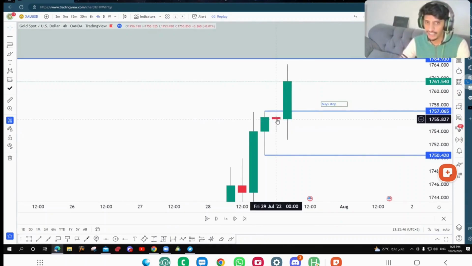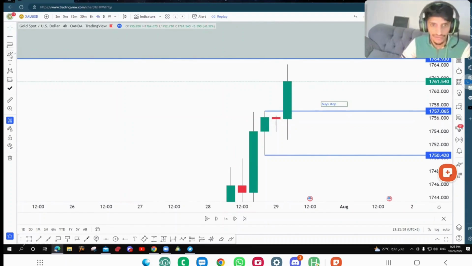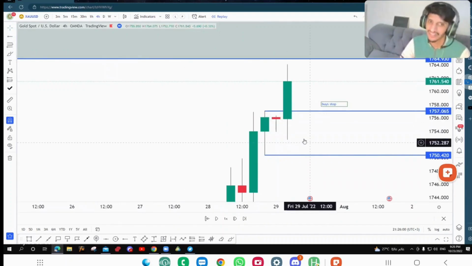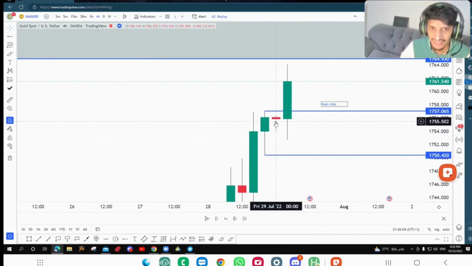Even though it's bearish, it's still very, very weak. Its closing price is almost close to the close of the bullish one. It's not breaking the previous candle body, not the wick, not the body. So somebody is booking their profit here because they are afraid of the coming resistance. This is profit taking.